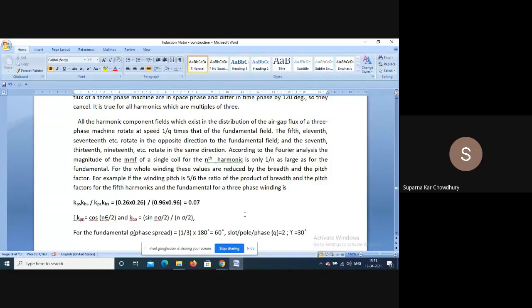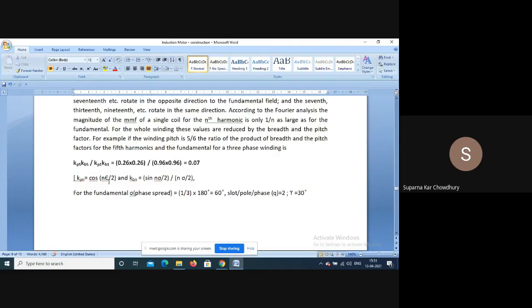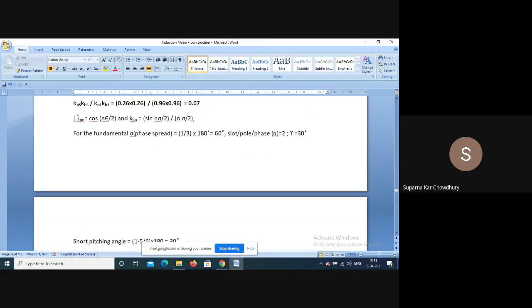For example, if the winding pitch is 5/6, the ratio of the product of breadth and pitch factors of the fifth harmonic and the fundamental for a 3-phase winding is approximately 0.07. This is the approximate expression we can derive like this.